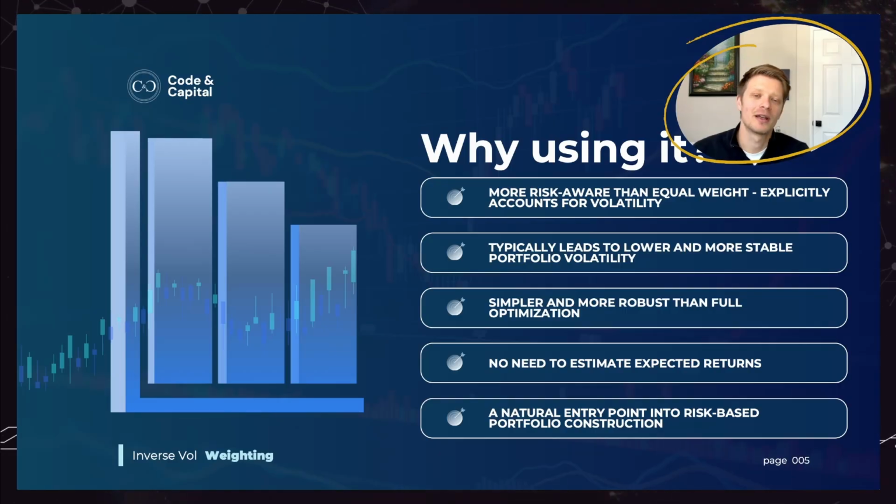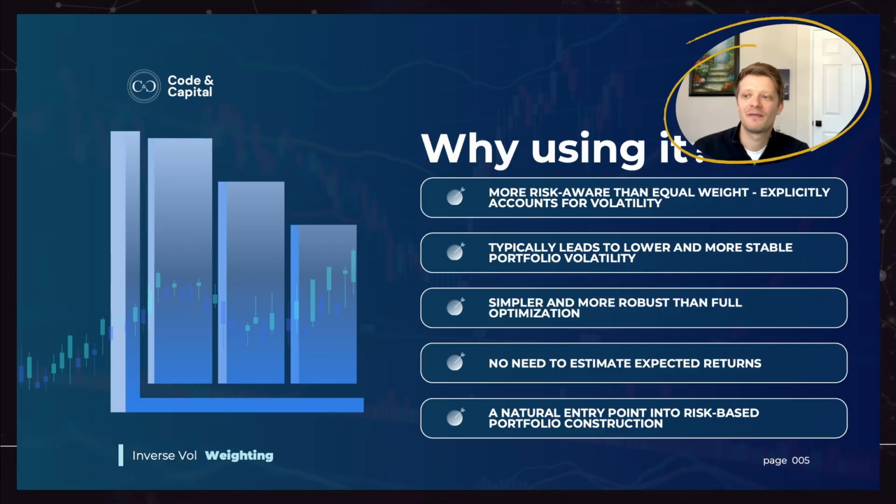As we just saw, you can implement it in 3 lines of code, but it's powerful enough to materially change your portfolio behavior. You basically walk away from just naively weighting your portfolio to having risk in mind. It explicitly adjusts capital based on how volatile each asset is, rather than just treating all assets the same.